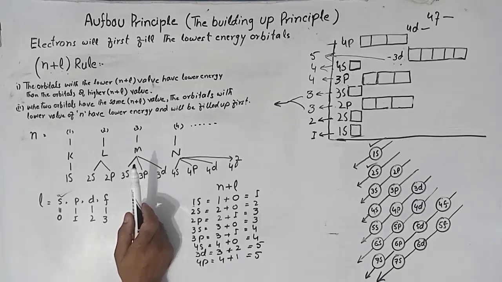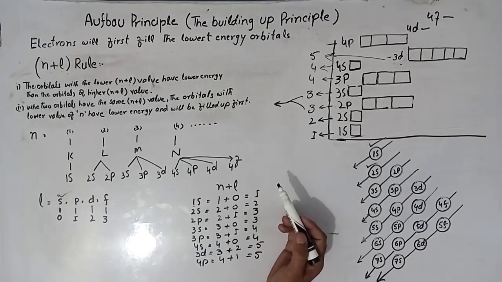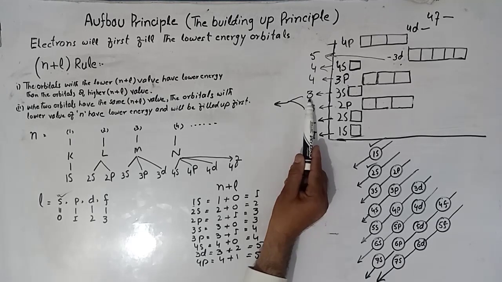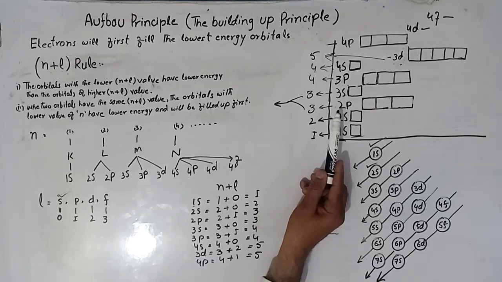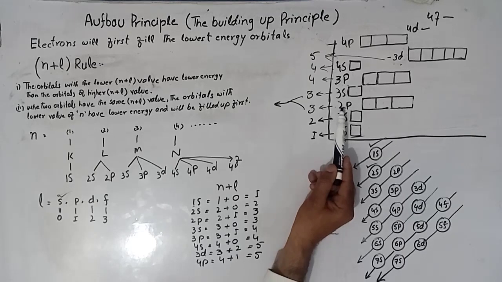It states that when two orbitals have the same n plus l value, the orbital with the lower value of n fills first. So this is the lower value of n, that is 2.